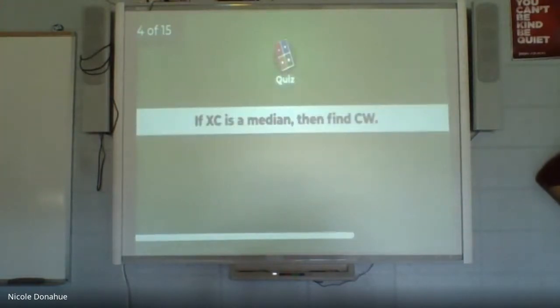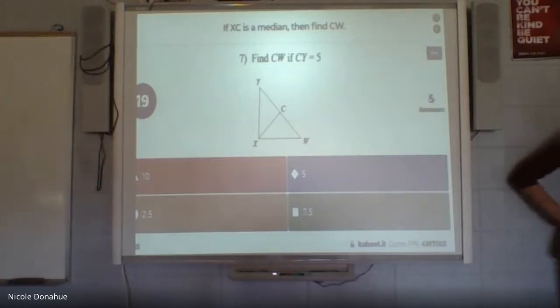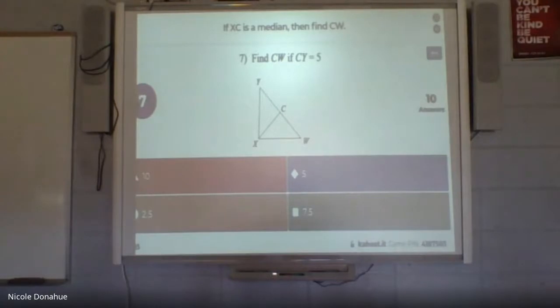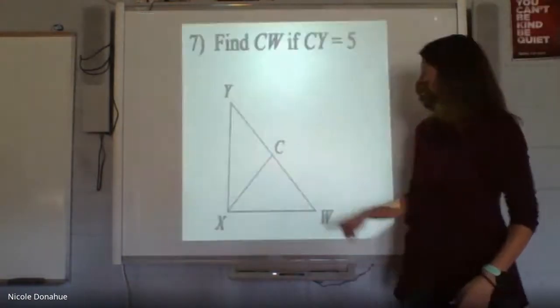All right, so another median problem. They want CW. We know CY is 5. All right, I'm guessing that one was just a quick response here.